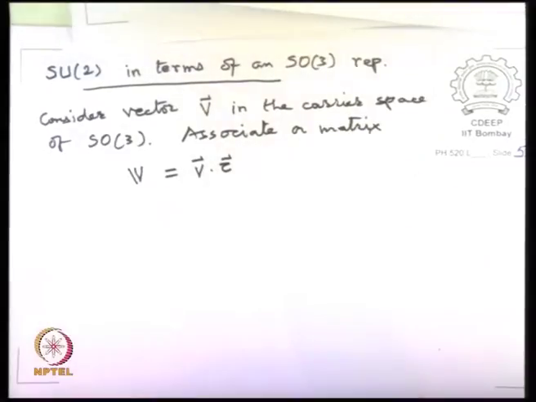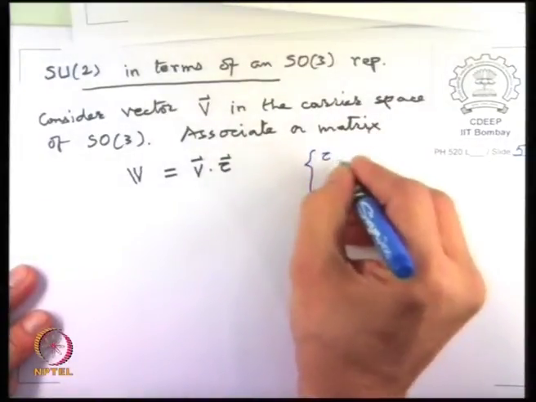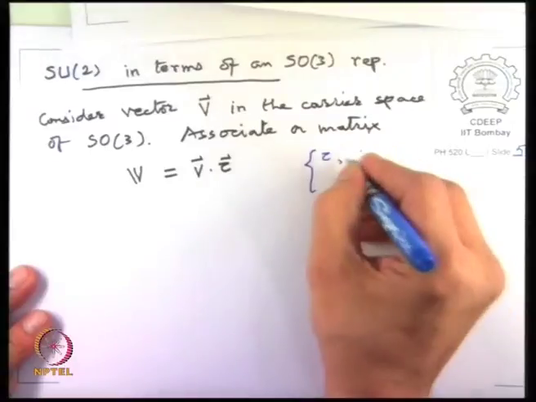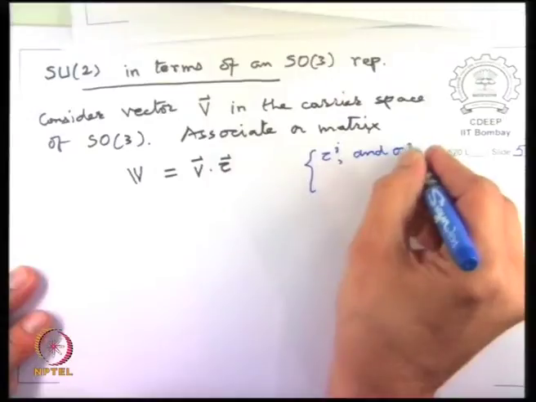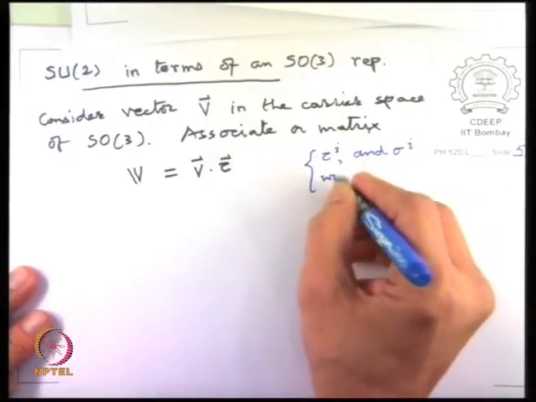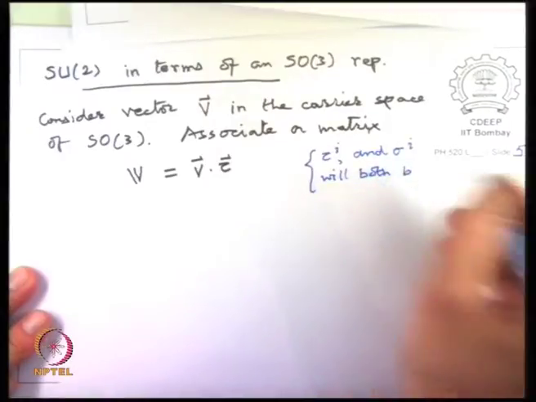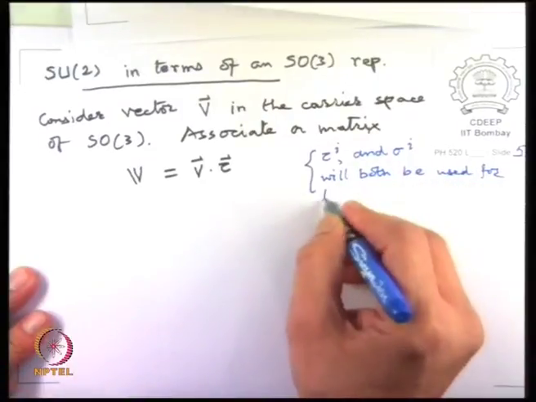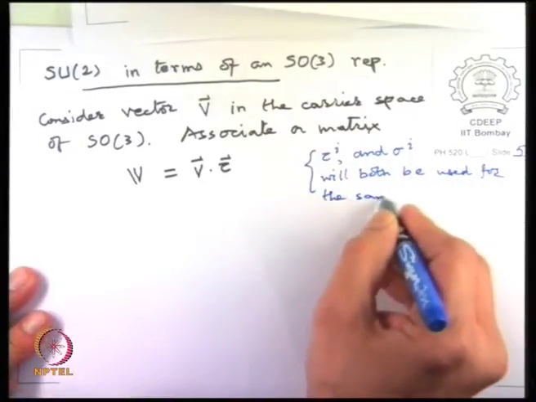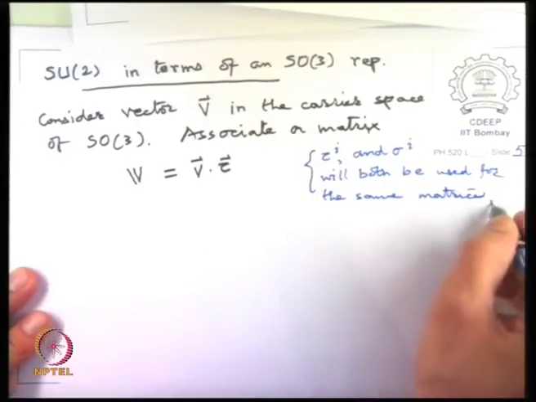And let me write over here a little note about the notation. Tau I and sigma I will both be used for the same set of matrices, the Pauli matrices.